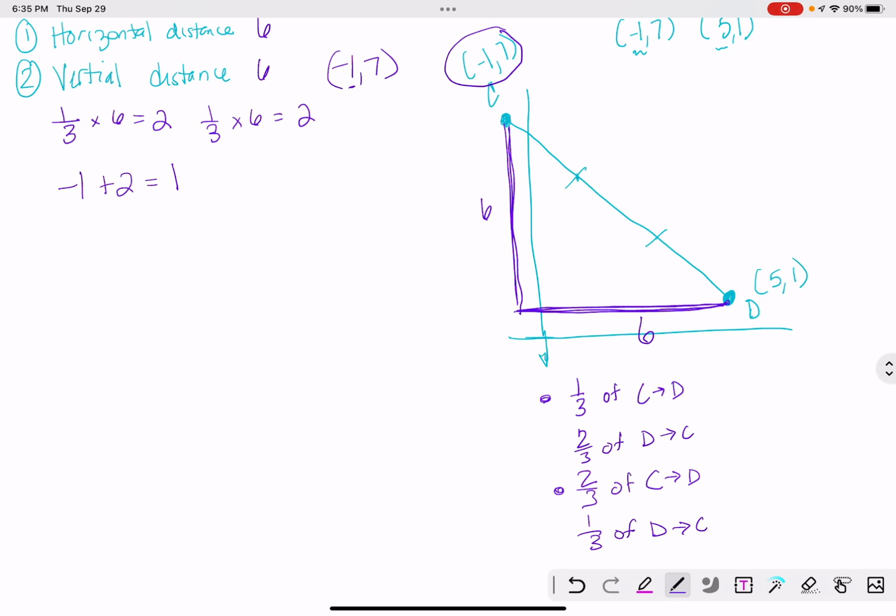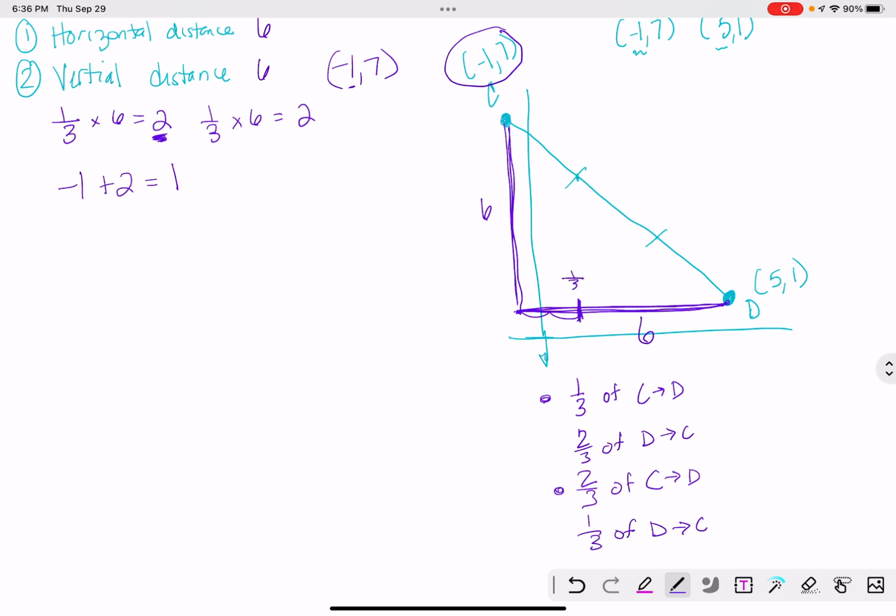Okay, so let's go back. What this really means, remember, if we're taking 1/3 of 6, we're saying that the spot that's 1/3 of 6 is 2 units from the start point. Okay, so if this is our start point, 2 units from here will be 1/3.